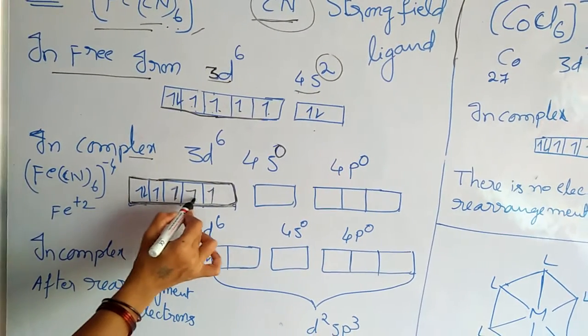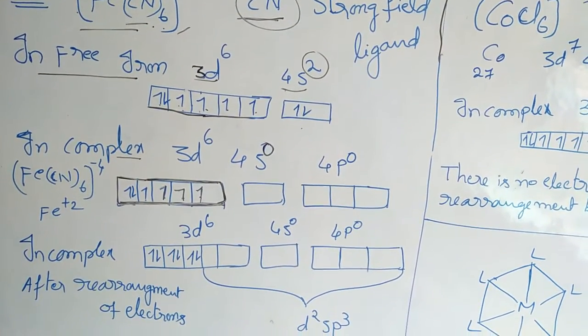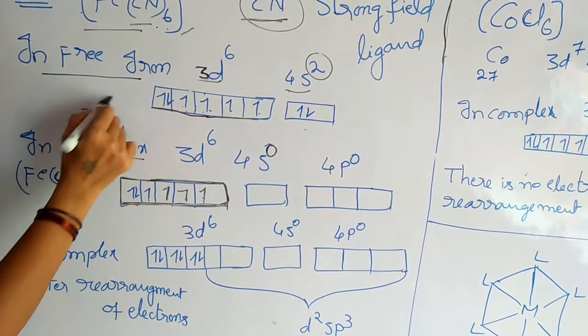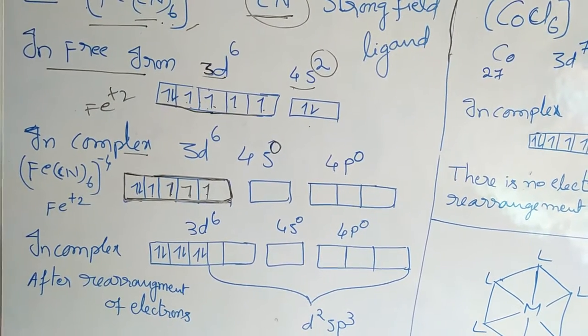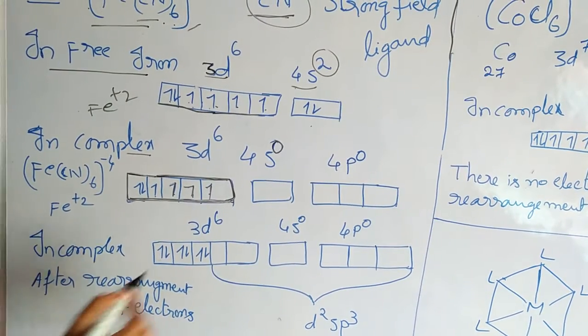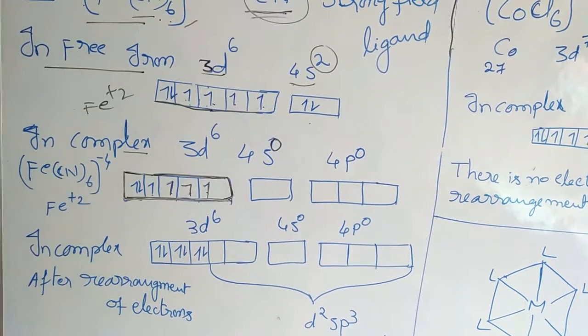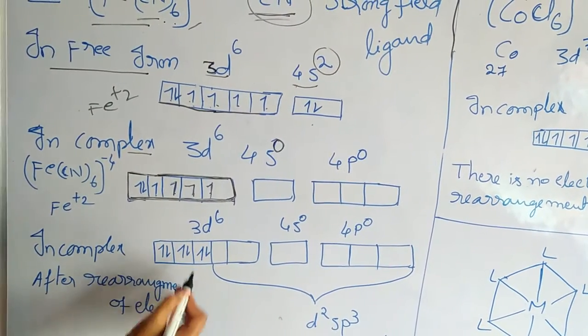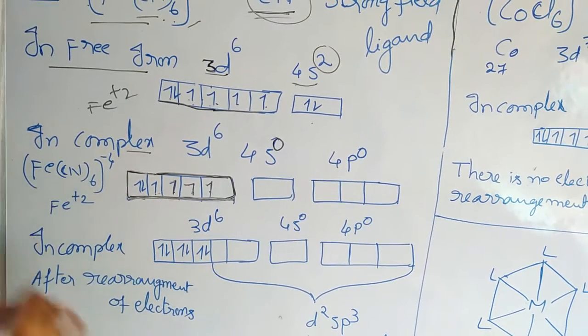There are 4 unpaired electrons in the plus 2 state, and by the force of the cyanide ligands, these rearrange.